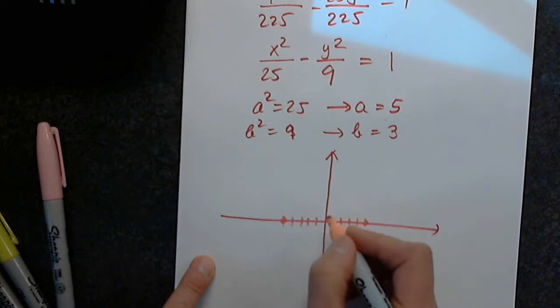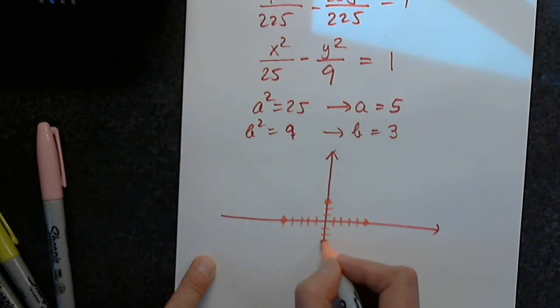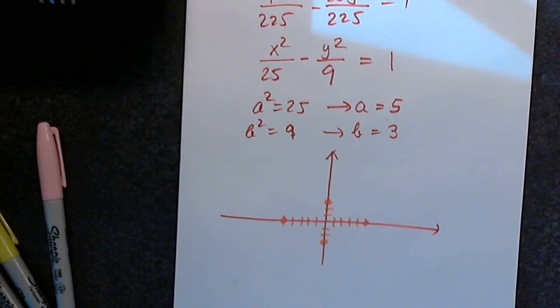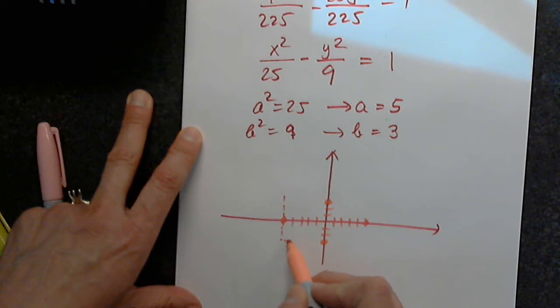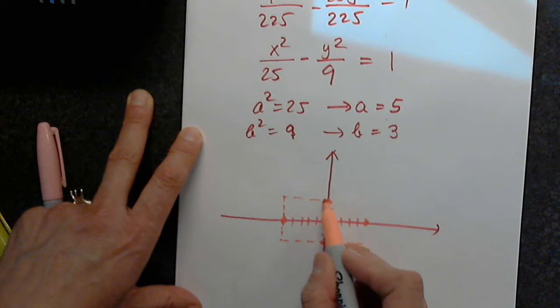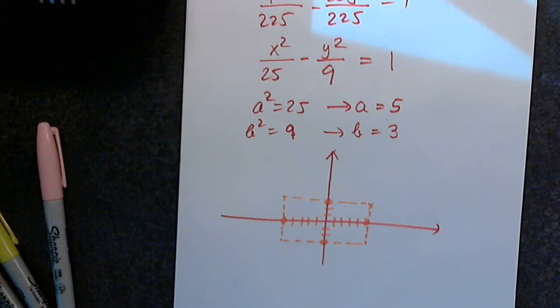B is on the y-axis, 3 and 3. And with these 4 points, I draw a rectangle going through all of them. That's my first step, the center box.